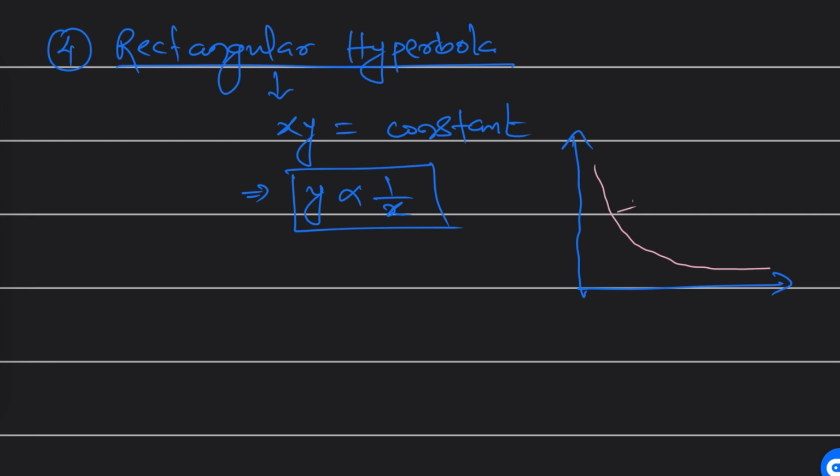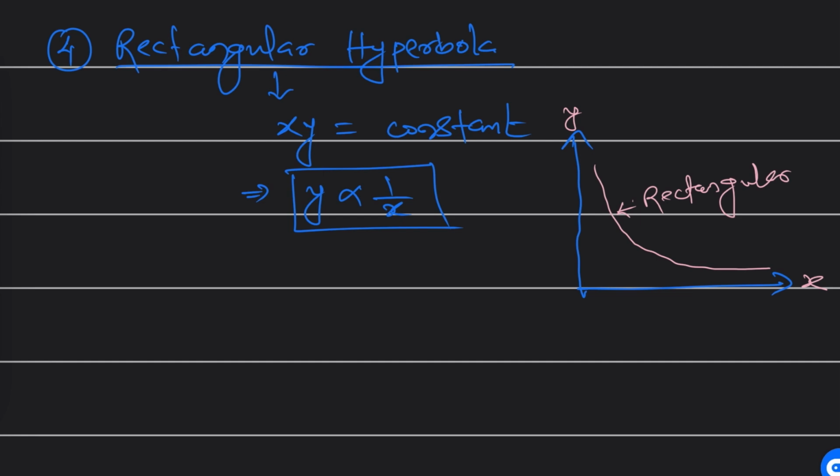Those who are new to this, please remember this graph, because I'm going to use it again and again. Here y is inversely proportional to x, that's why the graph looks like a rectangular hyperbola.